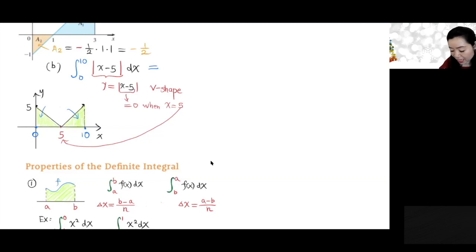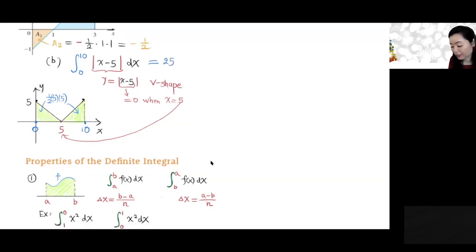So it's 1/2 base times height. So 25 over 2. And both of them are 25 over 2. And then when you sum them up, so this integral here is equal to what? 25. Yeah, so that's equal to 25. Okay, good. So you found this integral over here by interpreting this as area.